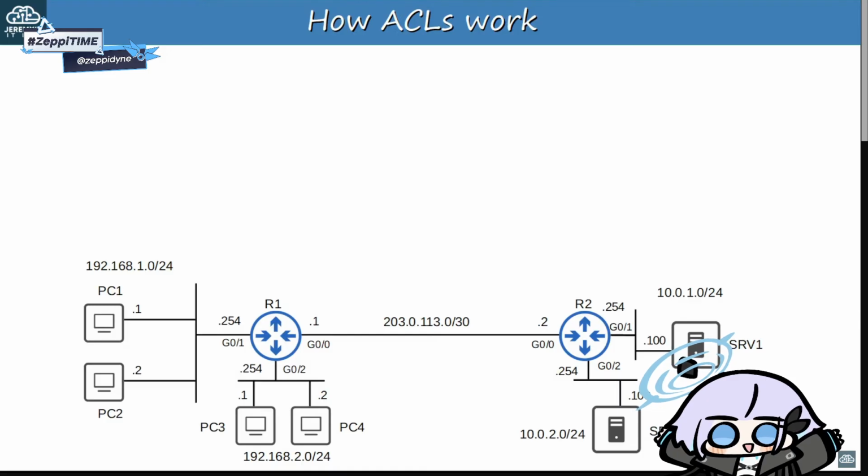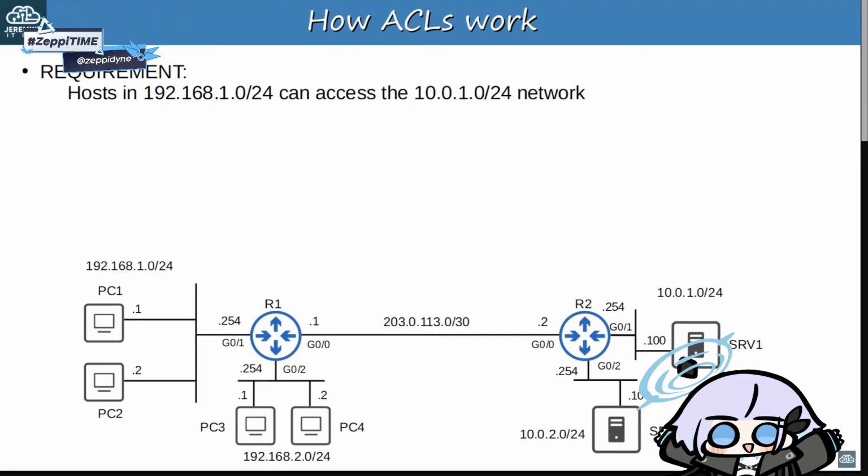So, without looking at the actual configurations yet, let's build an ACL so you can see how they work. We shouldn't just configure ACLs randomly. We must use them to achieve a certain requirement. For example, let's say the network policy is that hosts in 192.168.1.0/24 should be able to access the 10.0.1.0/24 network.